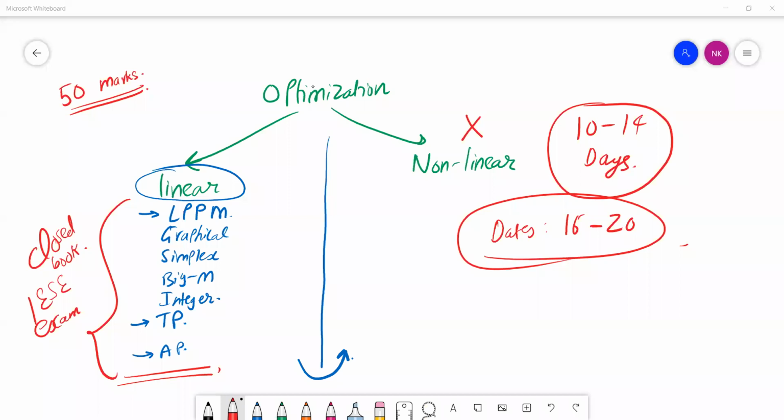Okay, so I am getting a response that you are having the Linux exam on 16 and 17. That was the reason I didn't declare it directly from my side, because I need to consult with the other faculties so that you don't have clashes between the exams. So I will be keeping the date like this, 18 to 20.